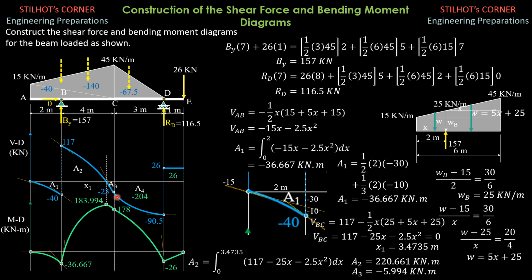So joining these 2 points with a second degree curve, the initial slope is negative 45. And the slope here is 0 because the intensity is 0. So joining these 2 points with a smooth curve of decreasing negative slope.